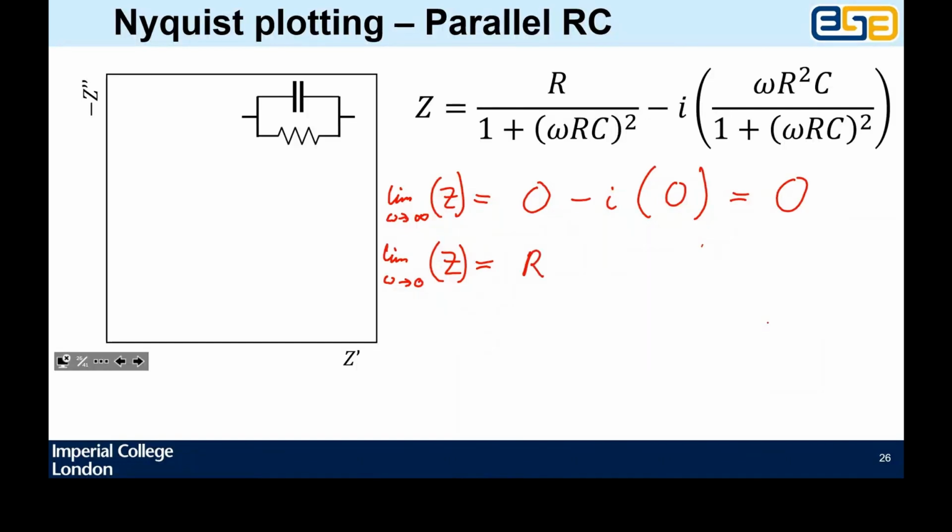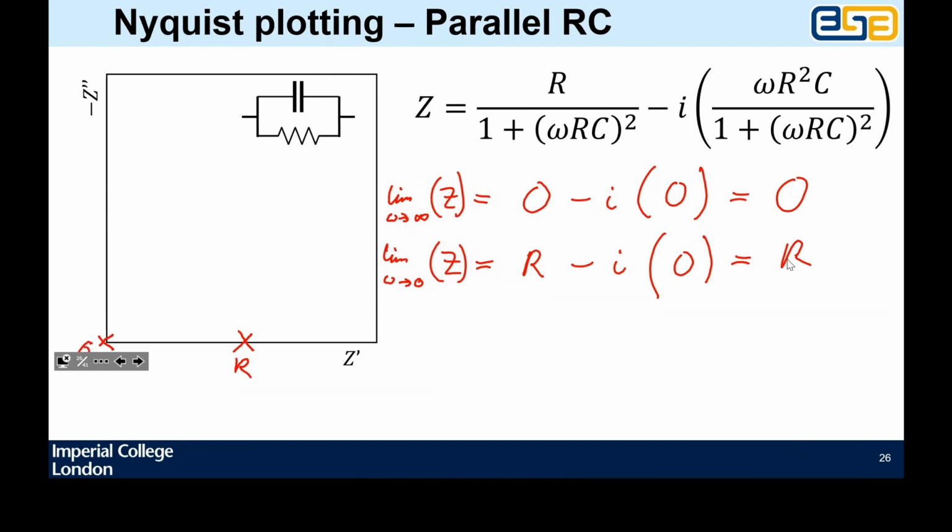It's just R. Minus i times, no, minus R times, and set all the omegas to 0. So it's 0 on the top, so it's going to be 0, isn't it? 0 divided by 1, so it's just 0, so this thing equals R. Okay? So we've got 2 points. These are impossible to draw. One of them is there, and one of them is here. R and 0.